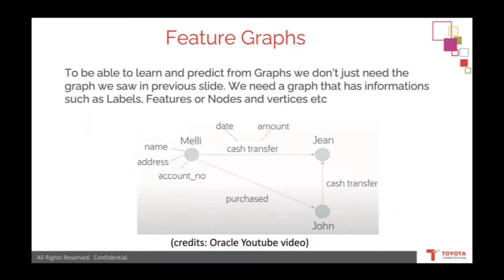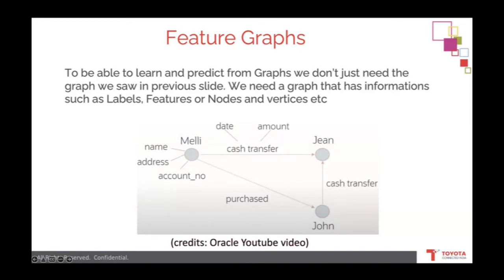Each ball or circle is a node, and the connections between the nodes are called relationships or edges. Each node will have a feature vector, and each relationship or edge will also have a feature vector. So what is a feature vector? For example, Melly is transferring cash to Jane. The features of Melly could be name, address.